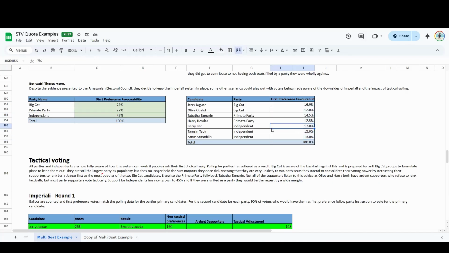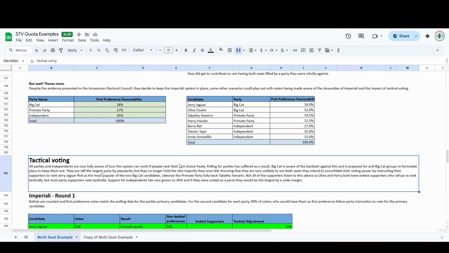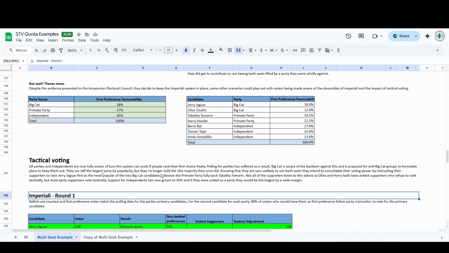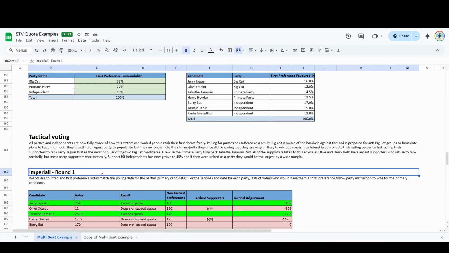And now Barry Batt is actually the most popular candidate, although it's not a significant advantage on anyone else. So again, we'll use the same voting patterns, even though independents are more popular than they were before. Everyone who isn't Big Cat still doesn't want Big Cat.